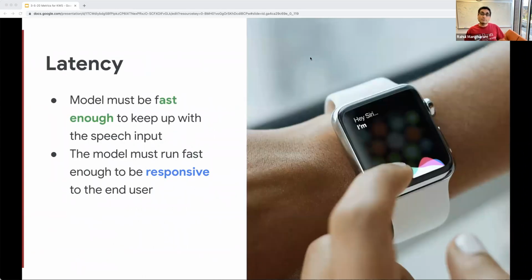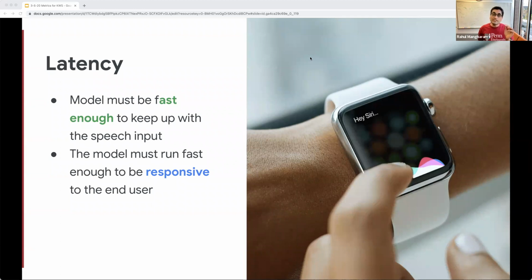Now, let's talk a little bit about the efficiency side of things. Obviously, latency is extremely critical because machine learning should respond quickly. Otherwise, it defeats the whole purpose. You might think the model works really well, but I don't care if it takes 3 seconds to wake up before it can do something. It has to be almost instantaneous, and that's extremely important for end user satisfaction.